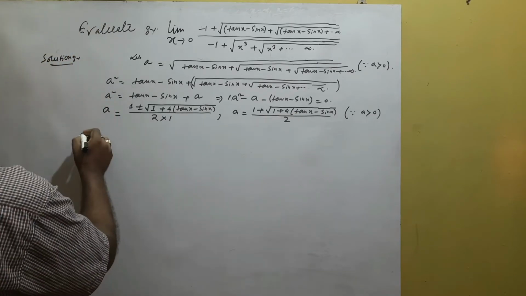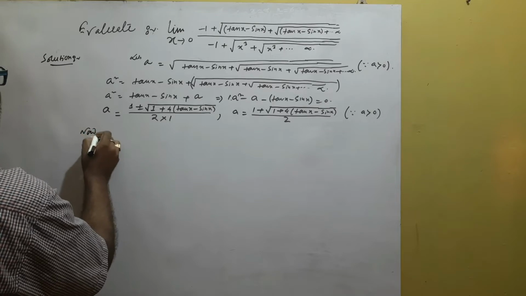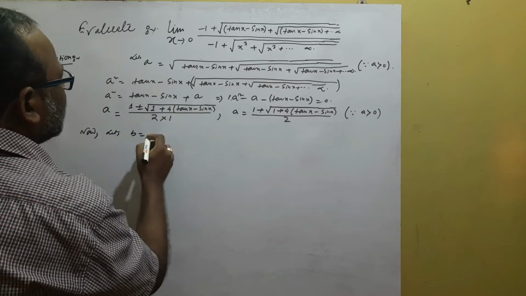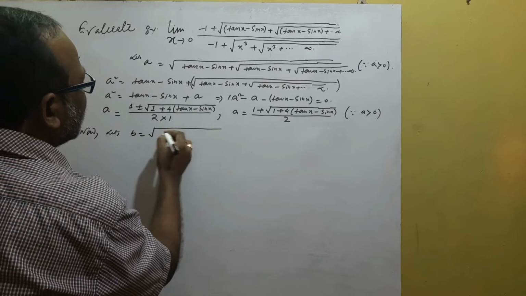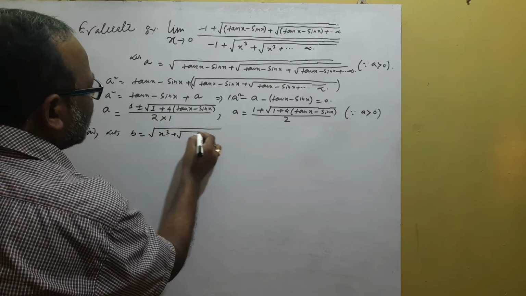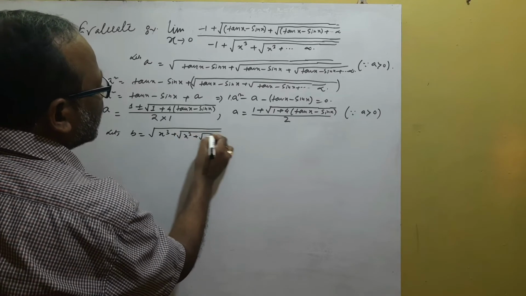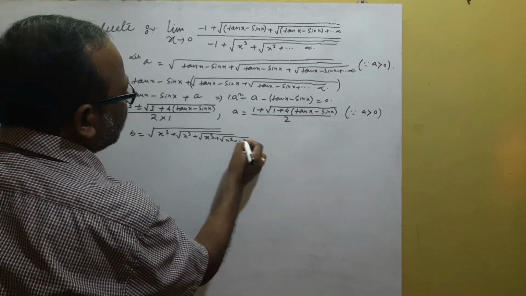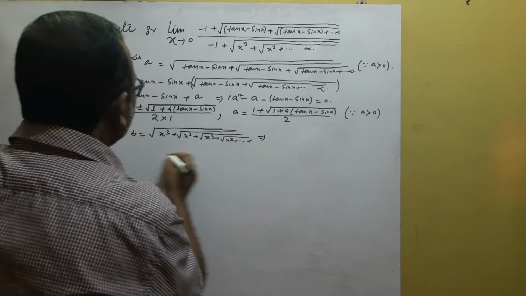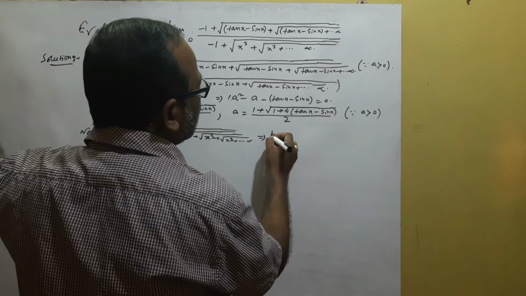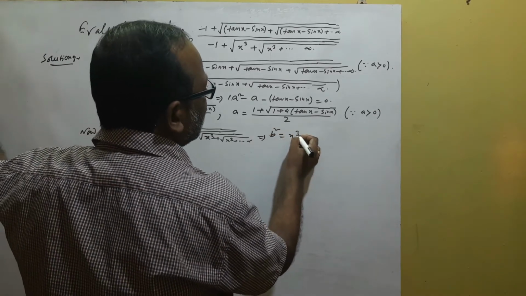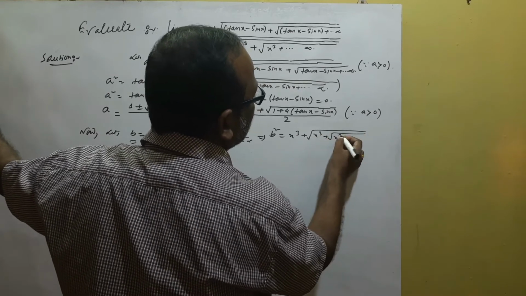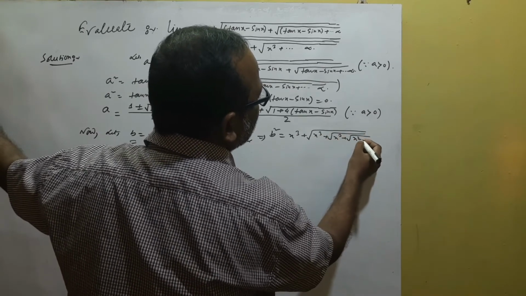Okay, now again, let b be equal to this form: x cube plus under root of x cube plus under root of x cube plus under root of x cube and so on to infinity. Again squaring, we get b square is equal to x cube plus under root of x cube plus under root of x cube and so on.